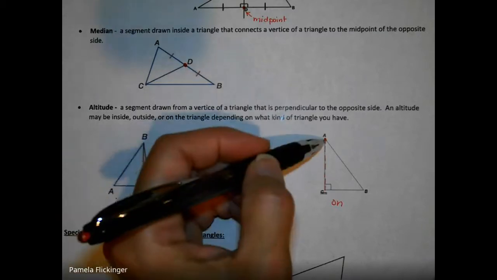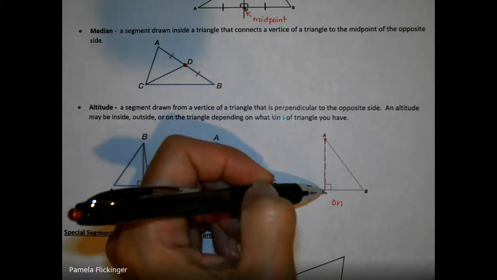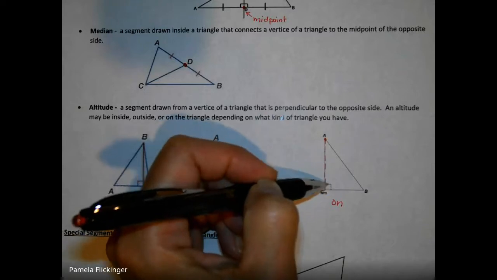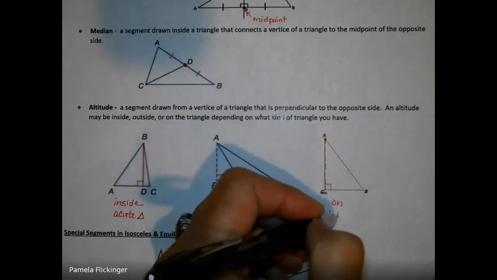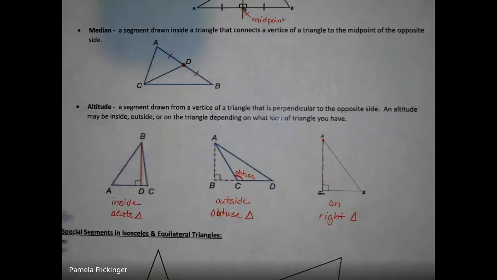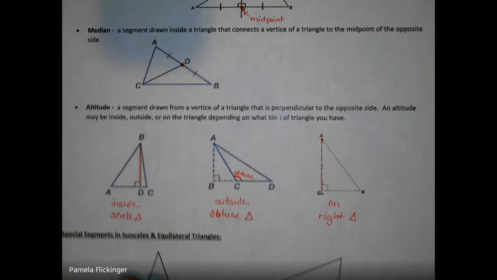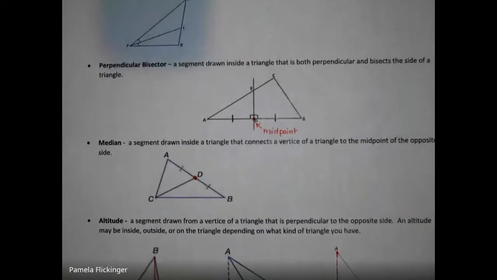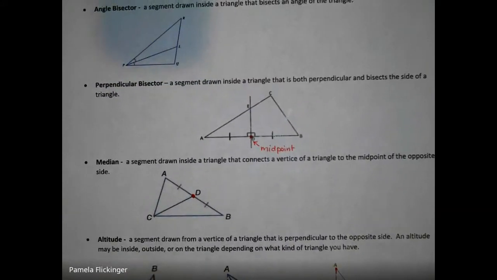The only way that it's going to fall on the triangle is if the triangle itself is a right triangle. The altitude is the only one of these 4 that can happen inside, outside, or on. The other 3, angle bisector, perpendicular bisector, and median, all are inside your triangles.